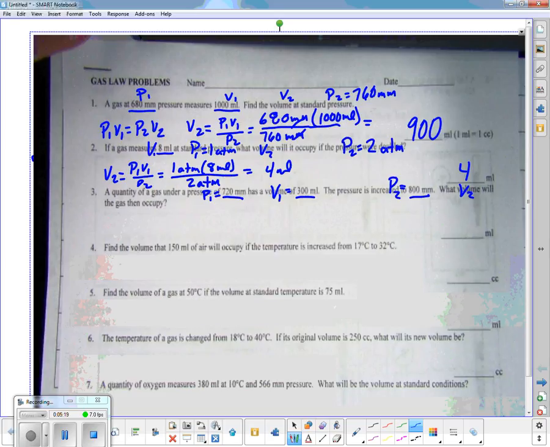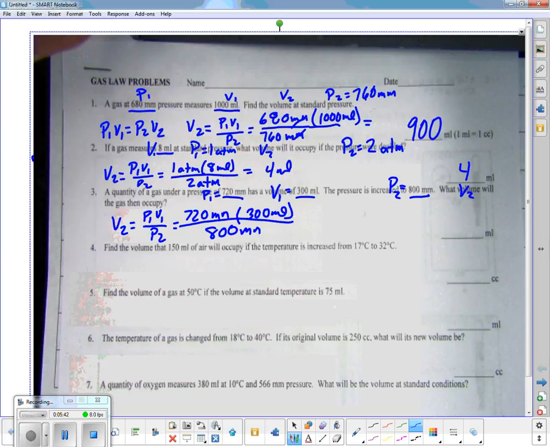So plugging in 720 millimeters times 300 milliliters divided by 800 millimeters equals how much?